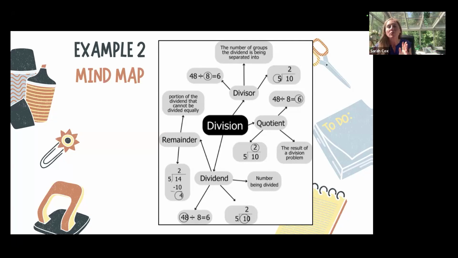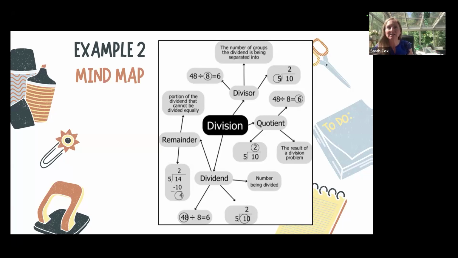And then of course we got to remainder, what happens when we have a part of the dividend that cannot be divided equally. After that, we added examples of what this looks like when a division problem is written across, 48 divided by 8 equals 6. And when he was doing it, he was color coding it.